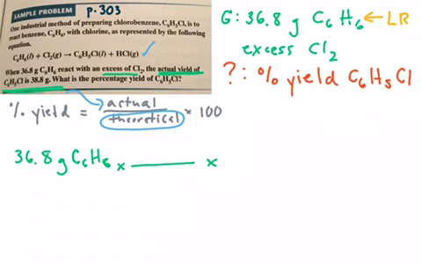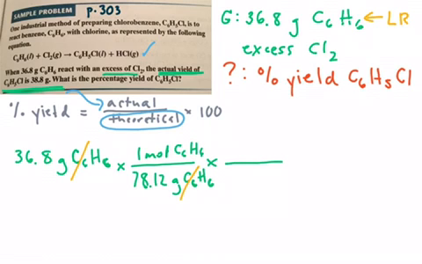If I'm starting with grams, that means I need to convert to moles using the molar mass. So here the molar mass of benzene is 78.12 grams per every 1 mole. And again, as we're labeling things, they should each have the 3 components. If we were to stop here, we would be left with moles of C6H6. But that sets us up to use the mole ratio that we found in our balanced equation.